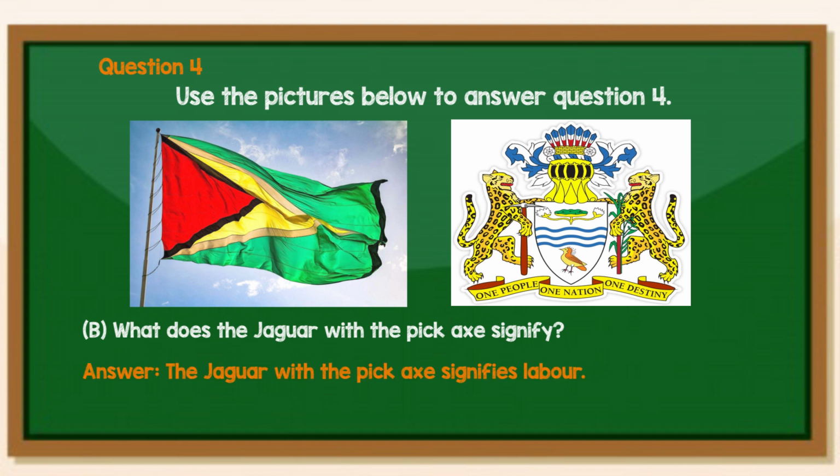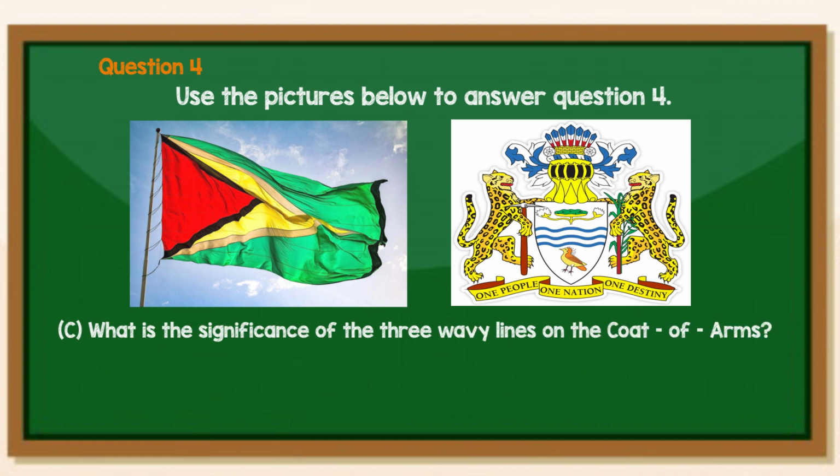The jaguar with the pickaxe means labor, as it relates to Guyana. Very well, because that jaguar is found on the coat of arms, and the coat of arms is one of Guyana's national symbols.